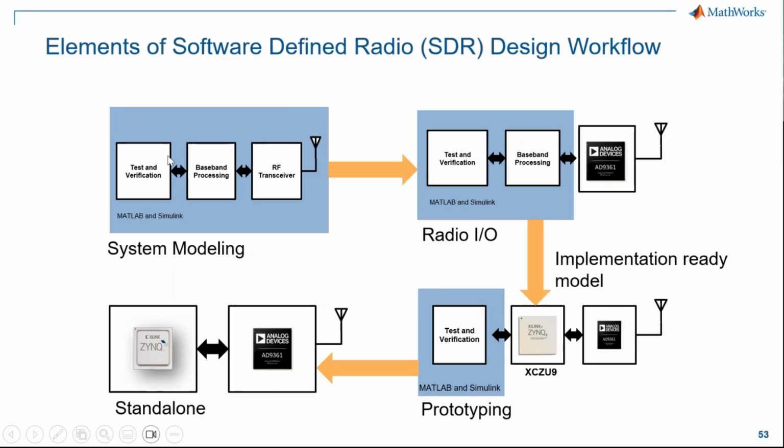So again, the very high-level overview is we do the modeling in MATLAB Simulink. So this is what we've been discussing so far. We've been providing some capabilities, ability to connect to USRP radios or Pluto radios from Analog Devices, so that the radio is just here to grab data, over-the-air data, and so you can do all the processing in MATLAB. This is what we call radio I/O at MathWorks.